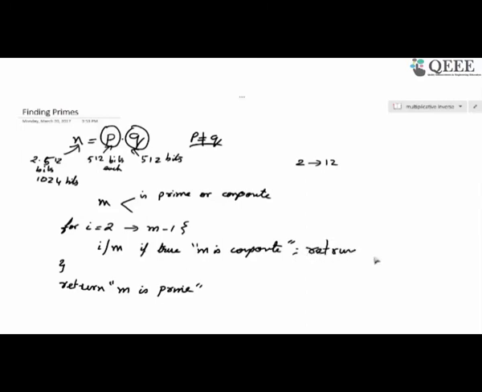Otherwise, at the end of this loop we say that it is prime.